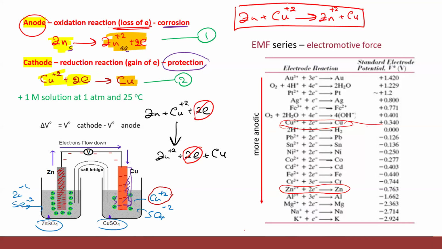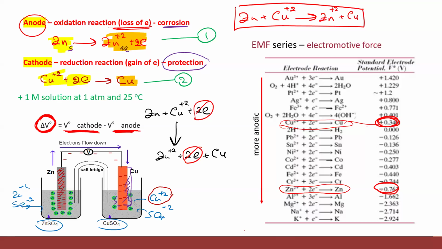Now, after writing these reactions, we will be able to find the potential difference. The potential difference is always the cathode voltage minus the anode voltage. So the cathode is at the top, am I right? And the anode is at the bottom. So this number minus this number will give you the delta V naught.